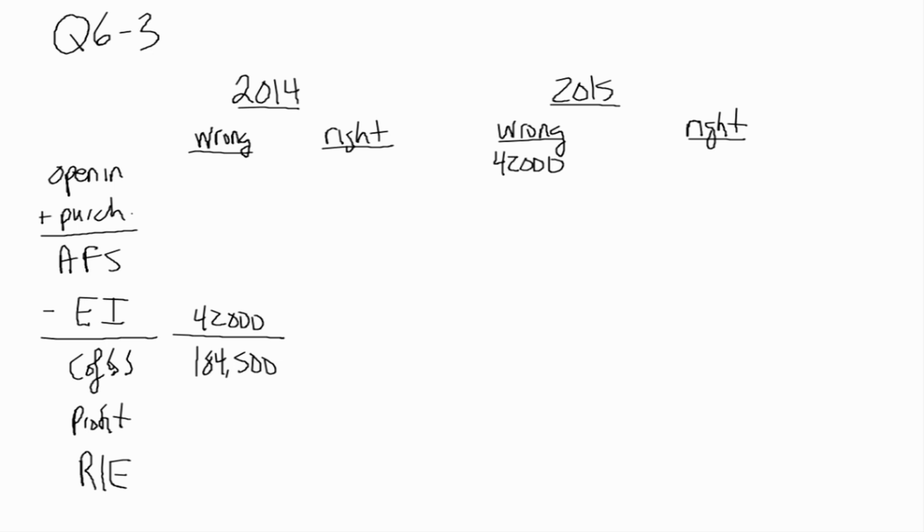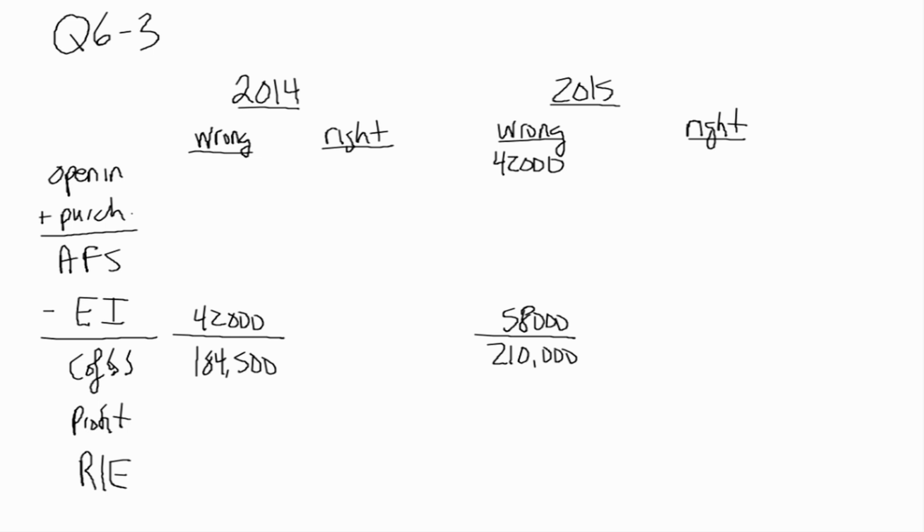I also have 2015's cost of goods sold, and I have 2015's ending inventory. Okay, so this is the information that's available to me.